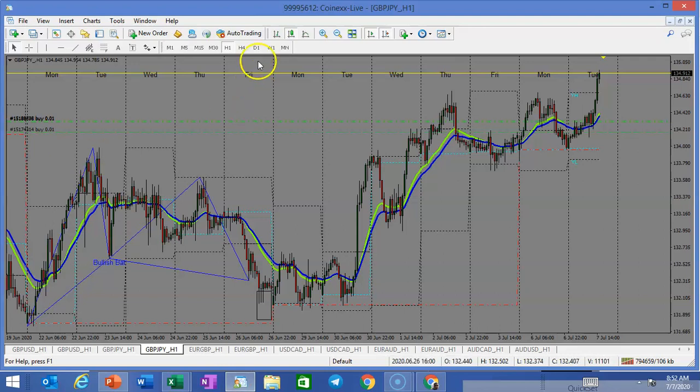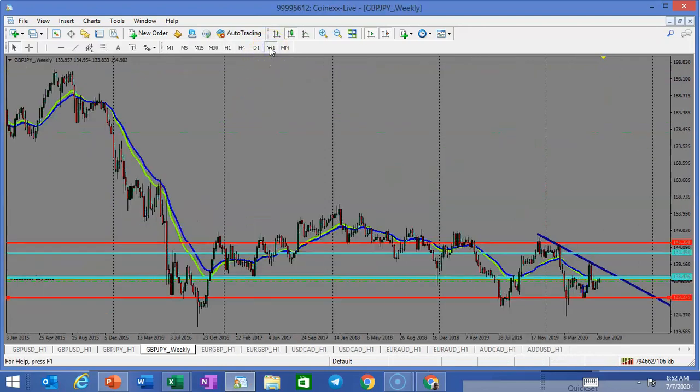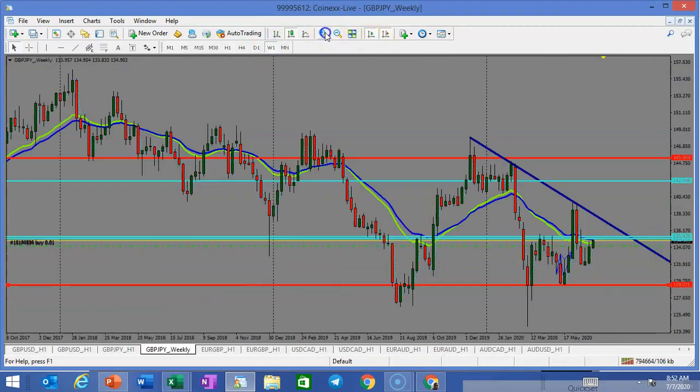As always, I like to start from the weekly and work my way down. For those of you who are just joining in, we made a trend line on the weekly showing how price action has respected this cascading descension.